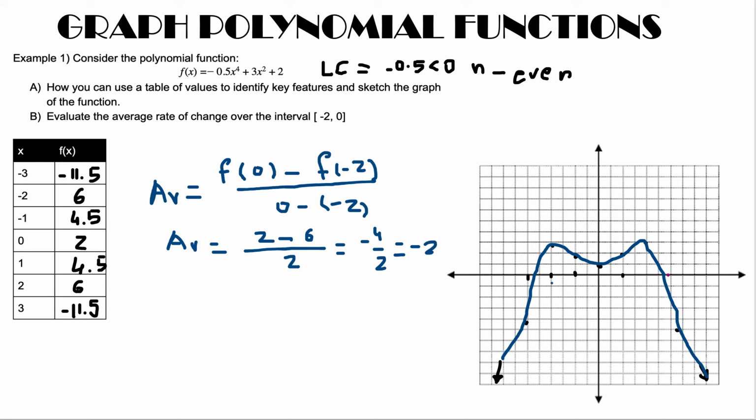From -2 to 0, in this interval, the average rate is -2. So the average rate is -2 in the interval from -2 to 0. And it makes sense because the function decreases, it goes down.